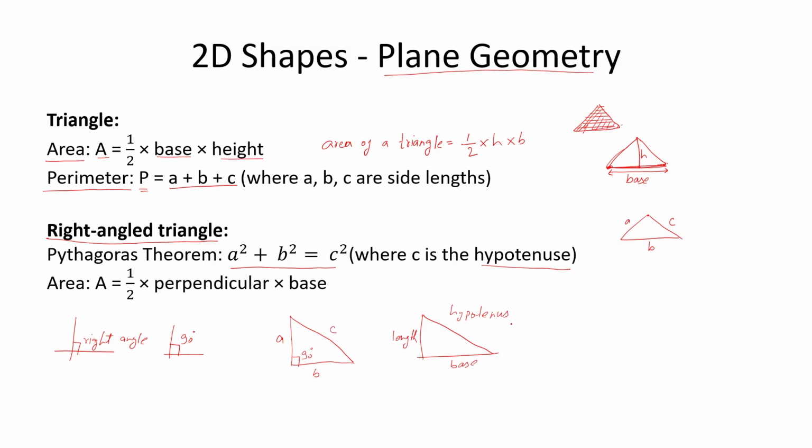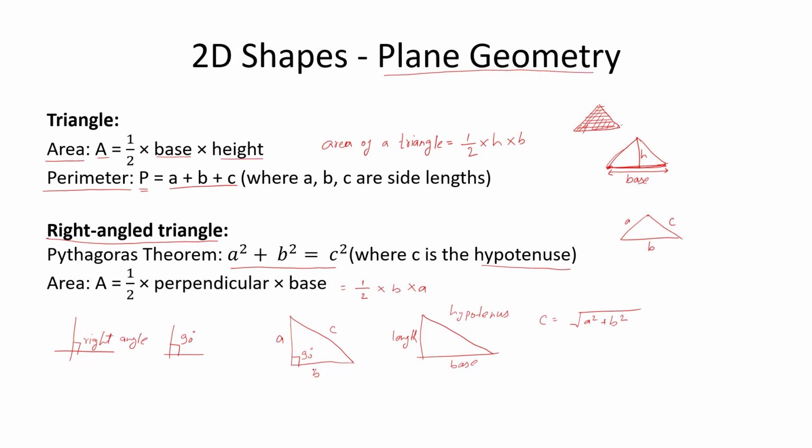Let me call it C. So C is equal to under root of A square plus B square. Next, what is area? Area will be 1 by 2 into base, and base is B. What is height? Height is A. So for a right angle triangle, area will be the same.